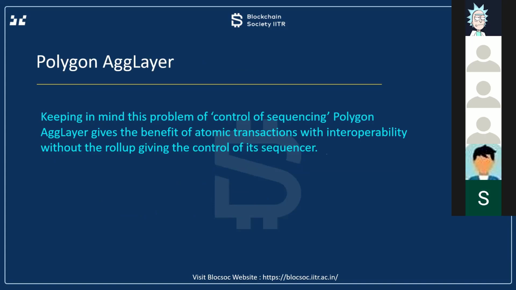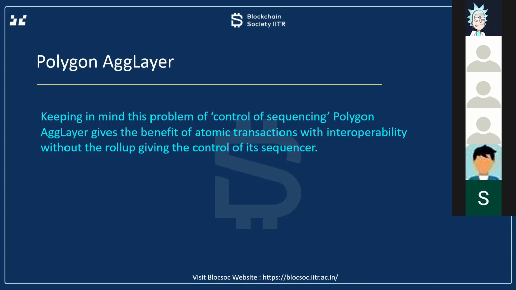Atomic transactions matter in a shared sequencing scenario where I am executing transactions on two chains, like a swap transaction from L2 A to L2 B. There can be a scenario where the first transaction goes through and the second doesn't.